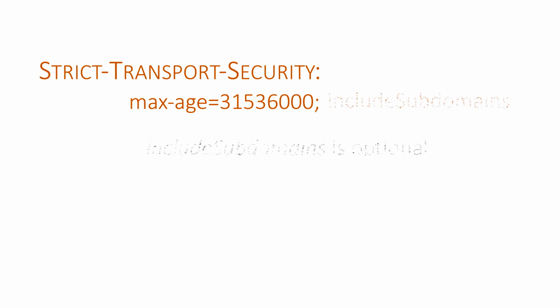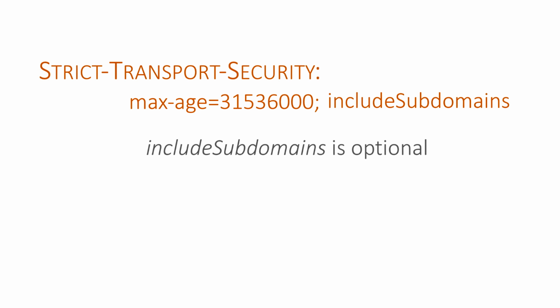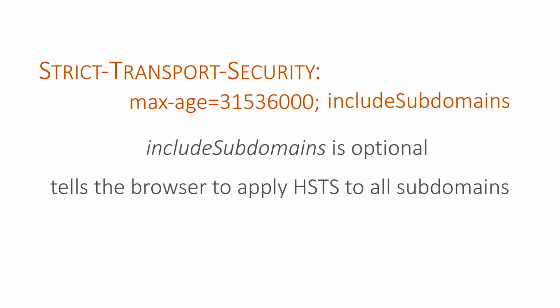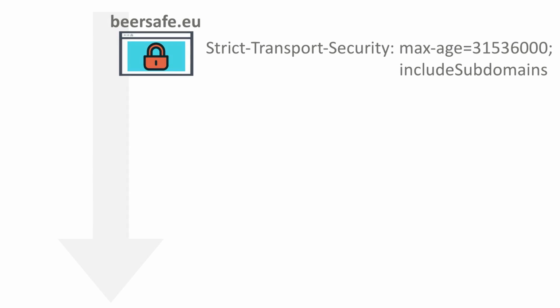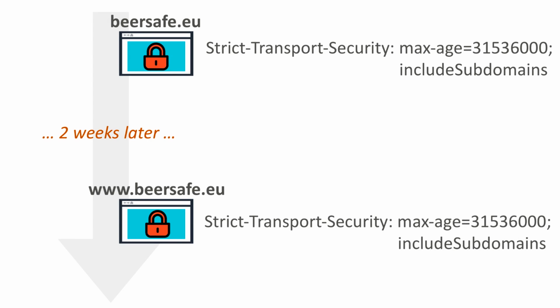The second parameter of an HSTS policy is the optional includeSubDomains flag. This flag instructs the browser to apply the HSTS policy to all subdomains of the domain that sets the policy. In our example, we set the policy from beersafe.eu, meaning that the policy also applies to www.beersafe.eu.